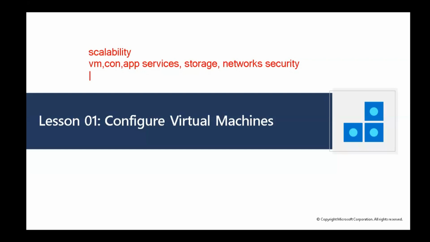Other than that, the other thing which we did discuss was scalability. It's not just scalability on its own, but you can also automate your scalability. Let me quickly give an example.